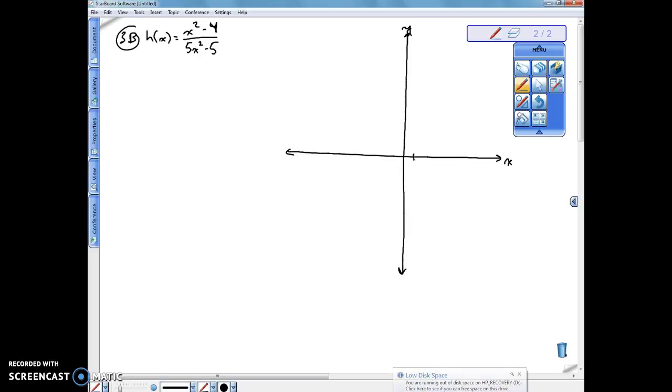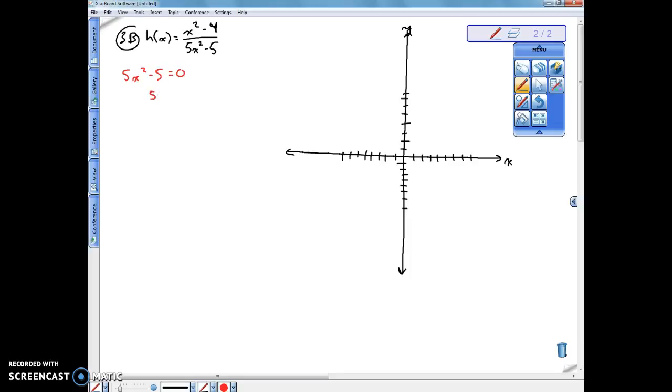My coordinate plane, go 8 in each direction. And I'll start finding the information that I have. My domain is going to be, again, found from the x values that make the denominator equal 0, I know that I'm going to exclude those from the domain.